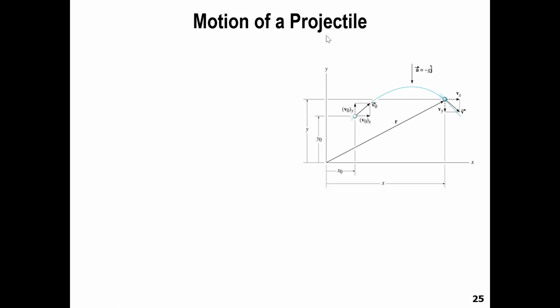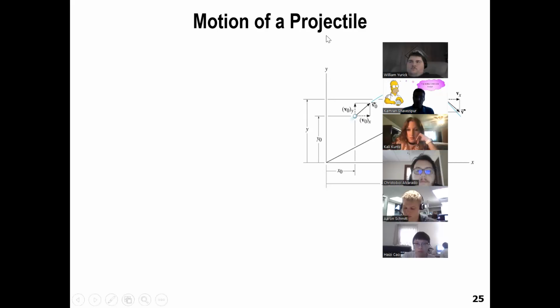Now, let me ask you this. When you shoot a bullet with a gun, is it a projectile motion? Yes. But it doesn't go on a curve, right? It goes on a straight line. Does it? Andrew says no. It goes on a curve. Yeah, it goes in a parabolic arc.